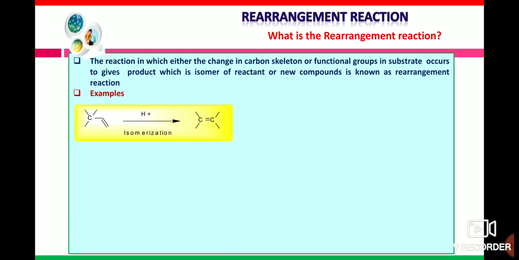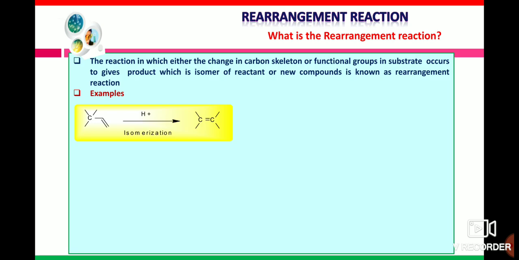Rearrangement reactions are generally of two types, the intermolecular and intramolecular rearrangement reaction. In rearrangement reaction, migration of a group occurs from one atom to another atom.